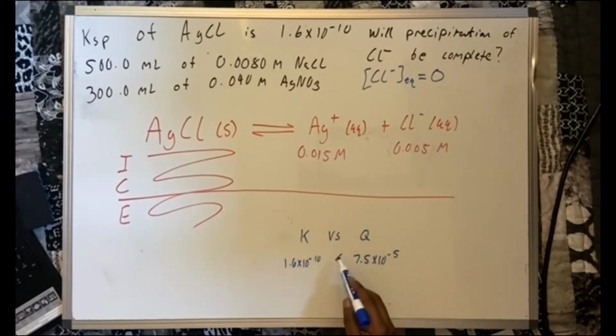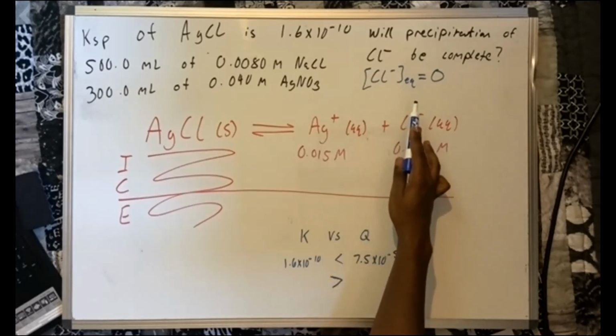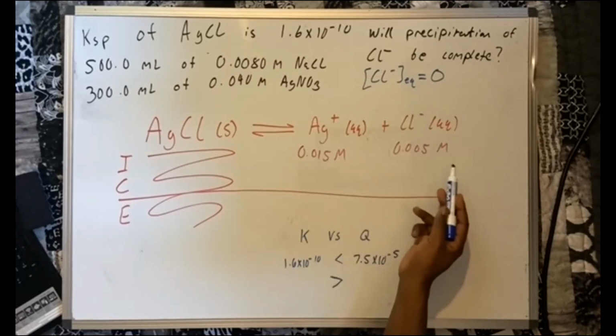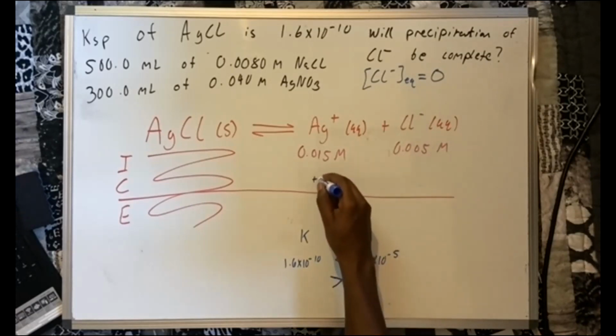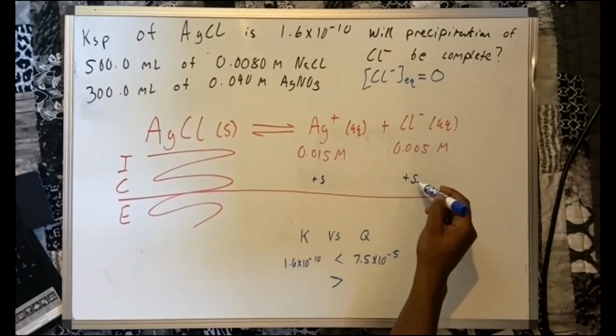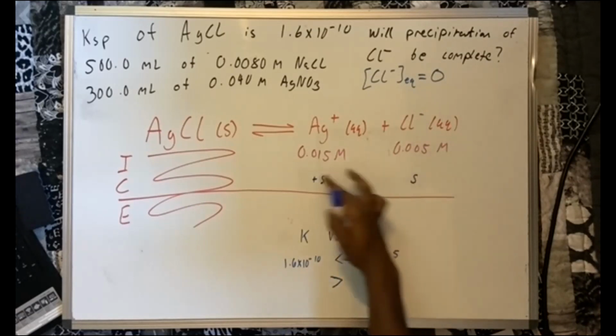If it was the other way around, if we got that K was greater than Q and it didn't shift left, then we would stop, because there's no way that all of this would precipitate out if it was shifting towards my product side and I had plus S here, right? There's no way this becomes 0 by adding a number. But we have the opposite, so we have negatives here.